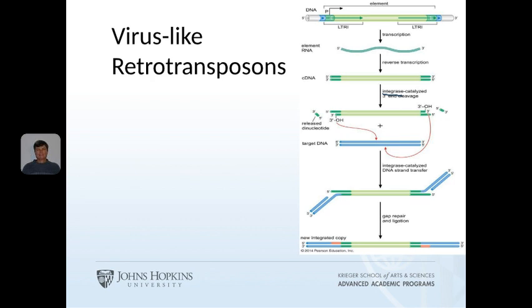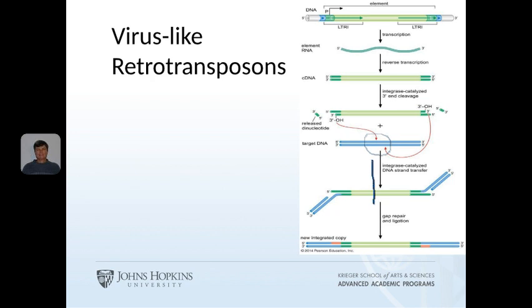Integrase is responsible for 3' OH cleavage, which you can see here, and DNA strand transfer. And this indicates the cleavage of the attack of the target DNA. Host cellular enzymes are responsible for gap repair and ligation.